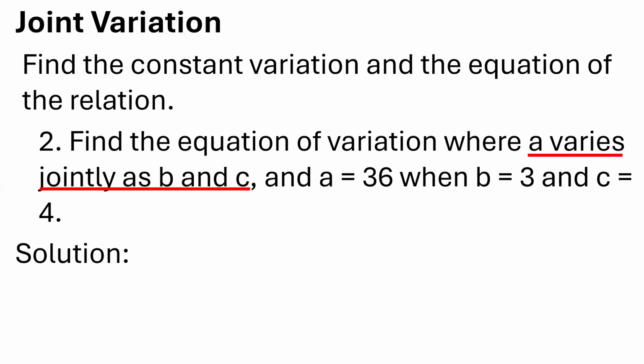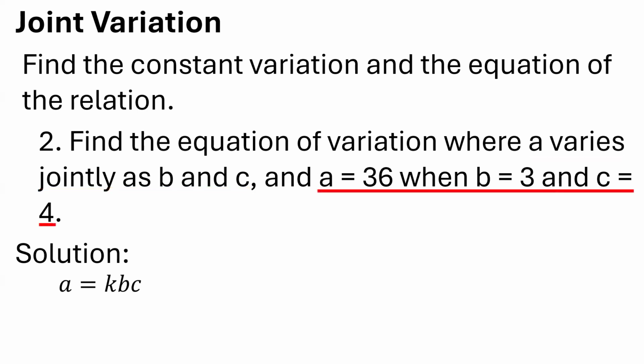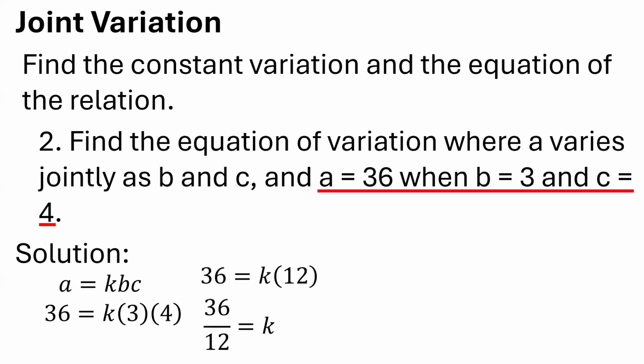So A equals K multiplied by B multiplied by C. But since A is equal to 36 when B is equal to 3 and C is equal to 4, we have to substitute the values of A, B, and C. So we have 36, which is A, is equal to K, and 3, which is B, and 4, which is C. So 3 times 4, we have now 12, and then divide 36 by 12. So 36 divided by 12, we have an answer of 3.